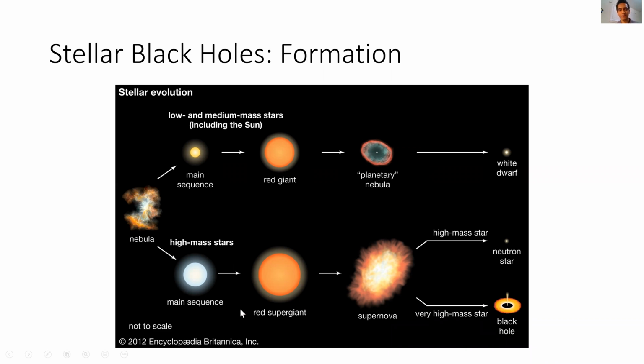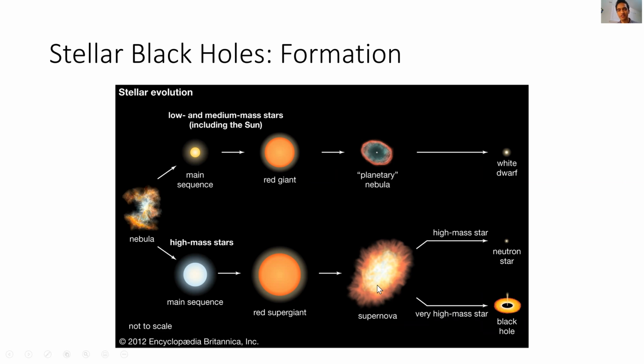And then ultimately, if that initial star is large enough in mass, rather than fizzling out like this top evolution line and becoming a white dwarf with a planetary nebula, instead the star explodes in spectacular fashion. A lot of the mass of that star is blown away as part of the explosion.